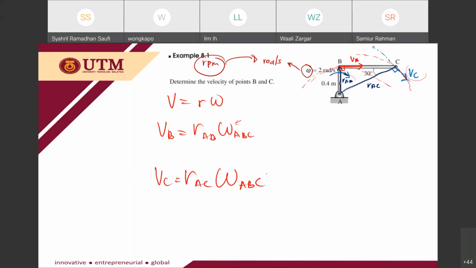The RAB provided is 0.4, so VB is equal to 0.4 times omega AB, which is 2 radian per second, and you get 0.8 meter per second.